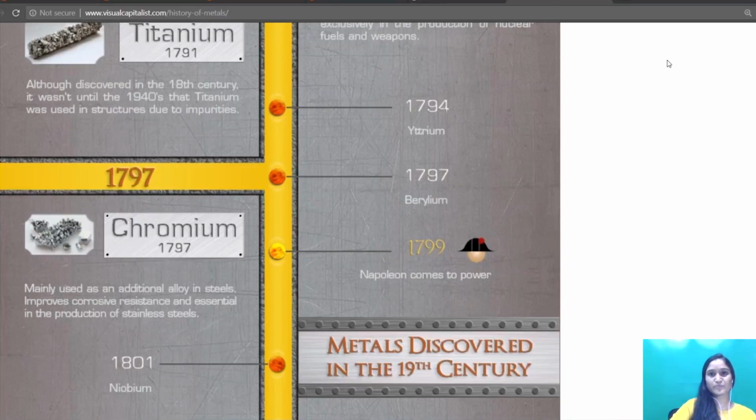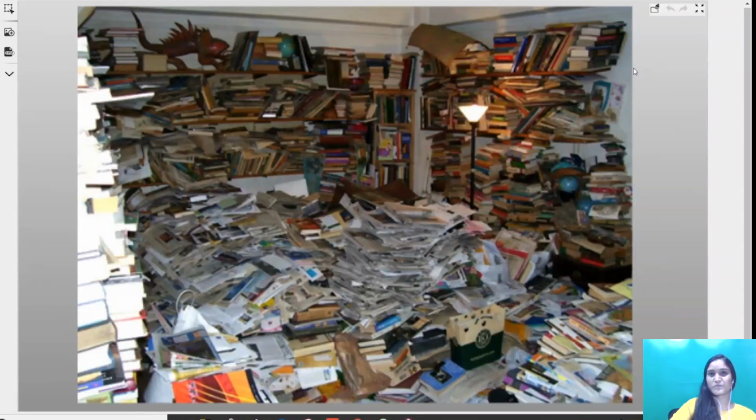Take a look at this image. What is this? So many books in one place. Obviously, it has to be a library. Okay, Yashika says this is a mess. And Shreyas says this is life. Well, any other interesting answers? Harshita also says it's a mess. Dirty library, Pavitra says.